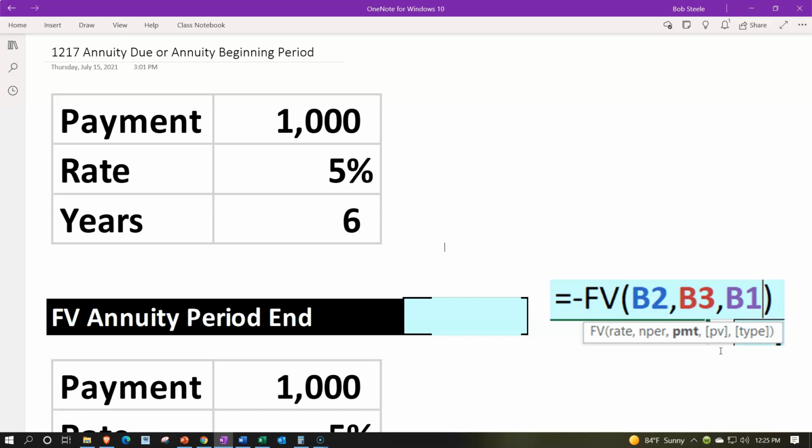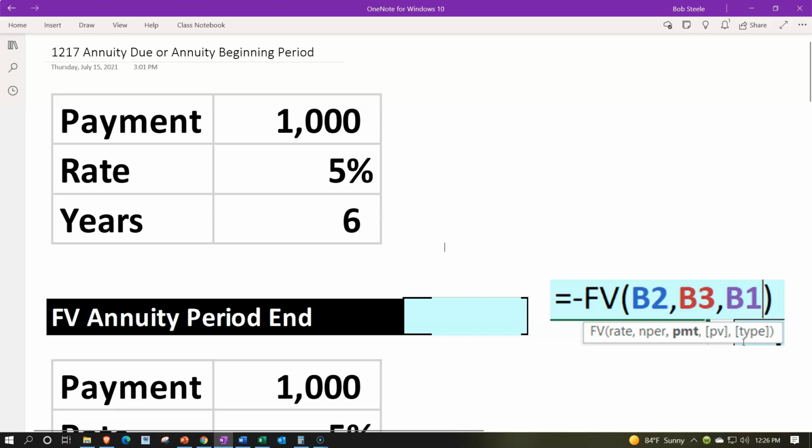But if you want to make it an annuity that's going to be at the beginning of the period, or you want to define more thoroughly that it is an annuity at the end of the period, a normal annuity, then you'd want to go over to this type field on the end in order to define that. So you could say comma again to skip the present value, which would be 2 commas, and then get to the type.